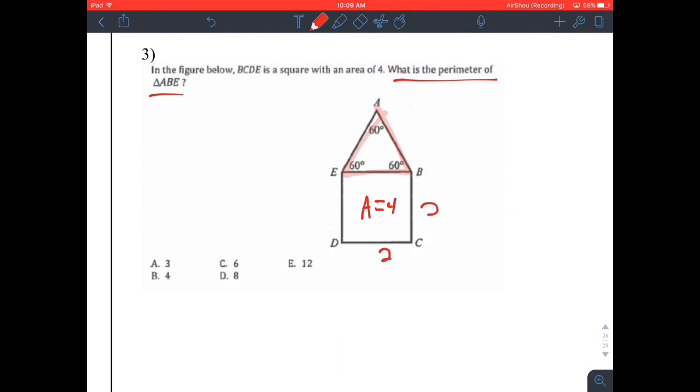If this is a square, all these sides are 2. Since each of these angles is 60, it makes this an equilateral triangle, which means all the sides are the same length. In a separate lesson we talked about equilateral triangles. If all the angles are the same, all the sides have to be the same. So the perimeter of the triangle is 2 plus 2 plus 2, which is 6.